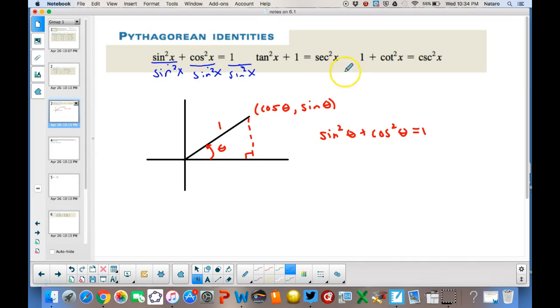And then cosine divided by sine would be cotangent. And then 1 over sine, well, the reciprocal of sine is cosecant. So those are our three Pythagorean identities, and they're going to become very helpful or come in handy when we're working with simplifying other expressions involving trig.